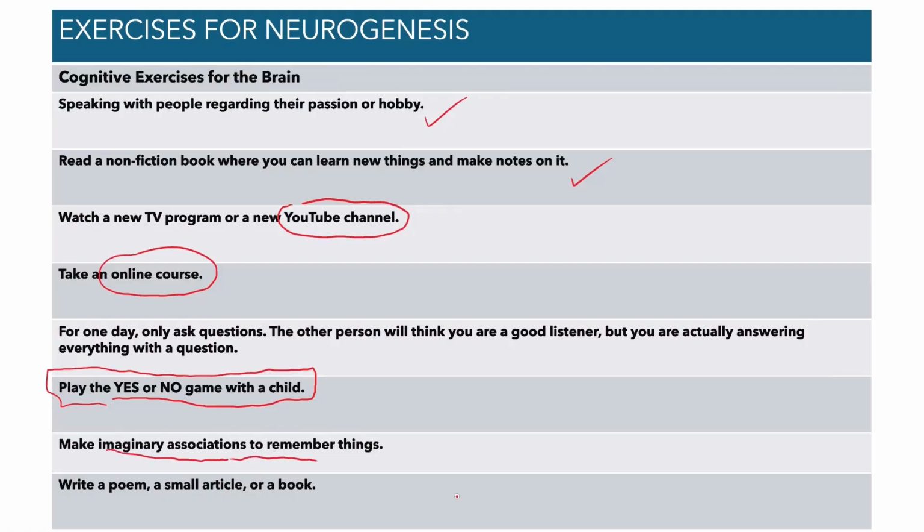Make imaginary associations to remember things. If you want to remember a reactivity series or colors, make some imaginary things, create something that you can remember. For example, if you take copper sulfate and add ammonia, first you get a blue dragon, which means something rocky, a blue precipitate.